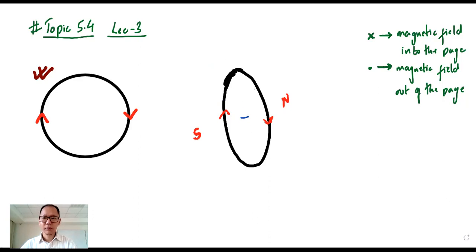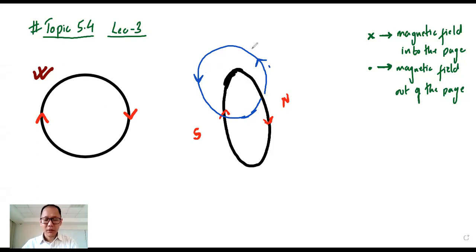The blue line here represents the magnetic field line of the wire, because the field line always moves from the north to the south pole, right? So you can have a field line that looks like this. With that we basically conclude today's discussion. The circular wire will have field lines that look like this, represented by the blue line.